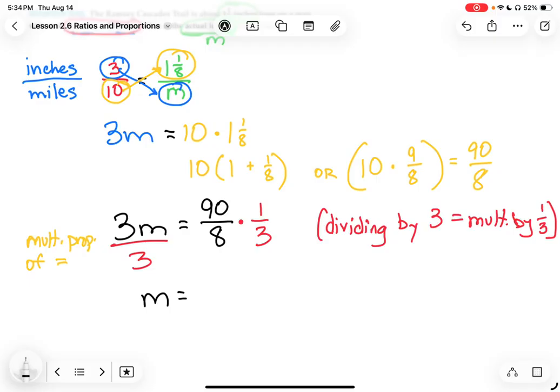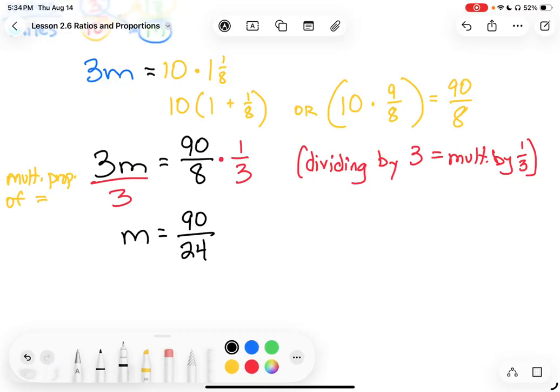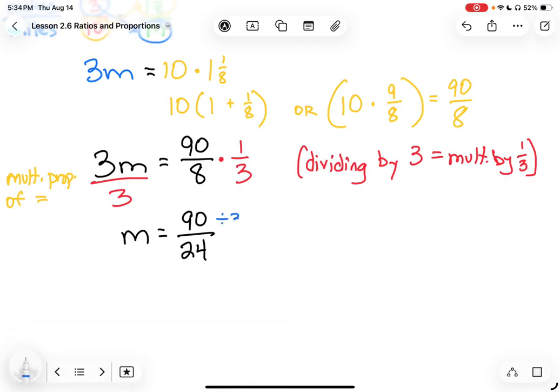90/8 times 1/3, let's go ahead and do this the long way. 90 times 1 is 90, and 8 times 3 is 24. And then we need to reduce this fraction, 90 over 24. I don't know the way you were taught to reduce fractions, but I pick the biggest thing you can comfortably divide by. I know 90 and 24 can both be divided by 3.